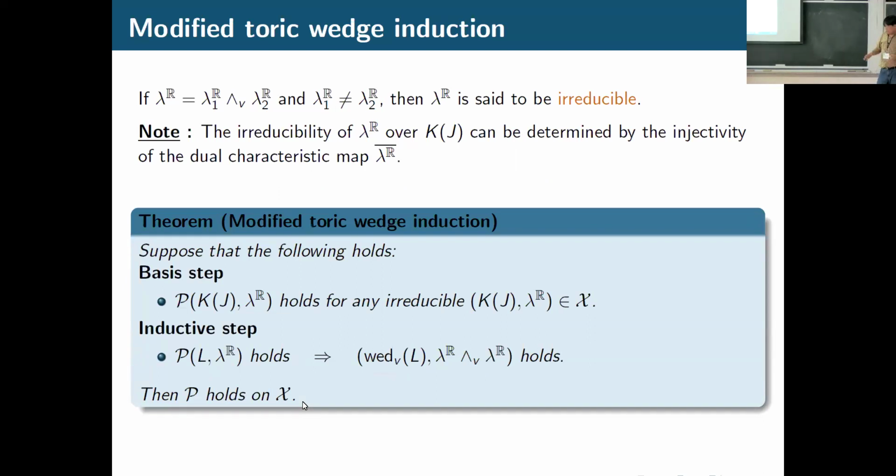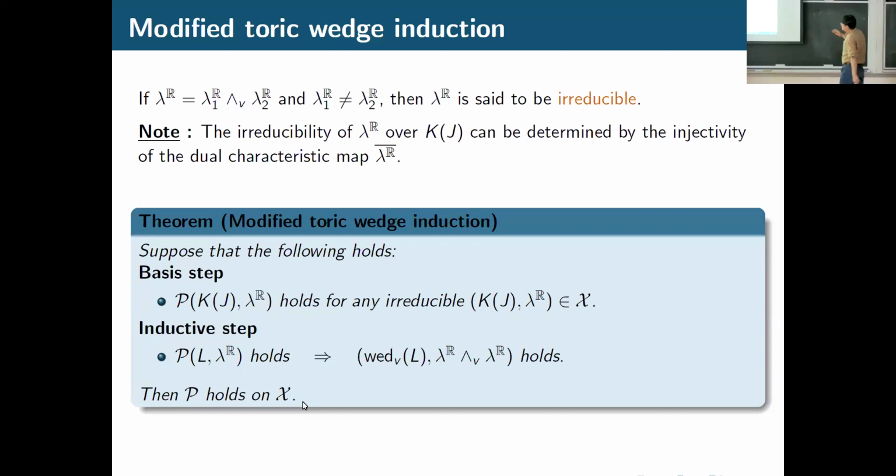Very simply speaking, we make the basis step bigger and we make the inductive step smaller. So the inductive step just remains the canonical extension, the M of J construction, in terms of the K of J construction.